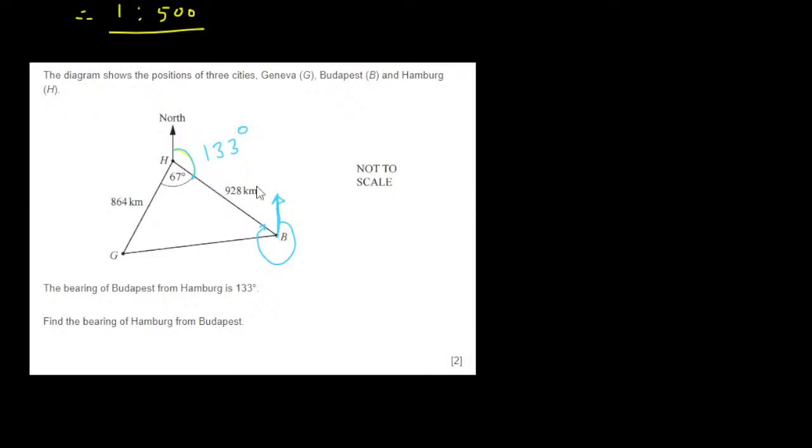Okay, now this is quite simple. Here you got 133. So 180 minus 133 you will do. You will get this particular angle and then you subtract that from 360 degree. So here let me use my calculator. Okay, 180 minus 133, I get 47 over here, and this 47 I will subtract from 360.